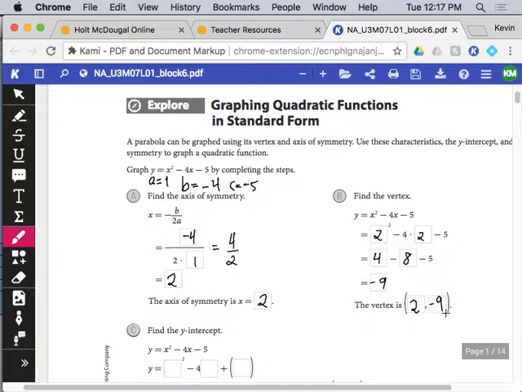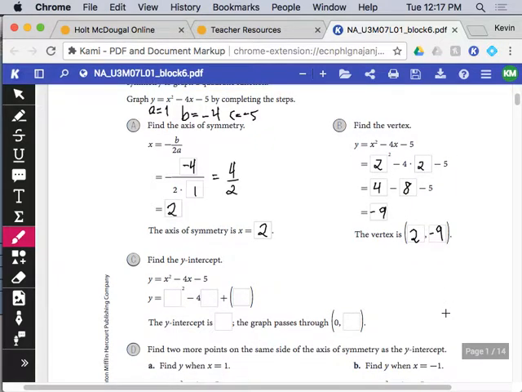Okay, so we got our vertex at 2, -9. Find the y-intercept. What do we know about the x value of any function at its y-intercept? The x value is always 0.